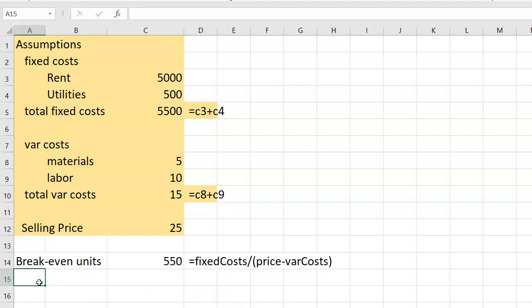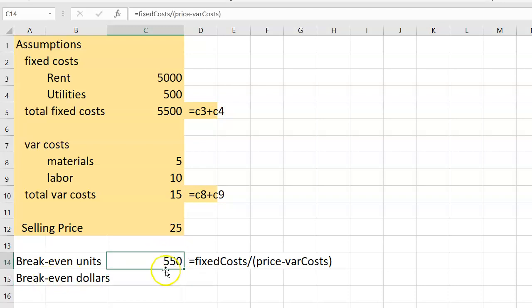How about break-even dollars? How many dollars worth of stuff do I need to sell? I'm going to cheat. I don't like that formula. I mean, it's okay. But why don't I just say, well, I got to sell this much. Oops. I have to sell this much at this price.